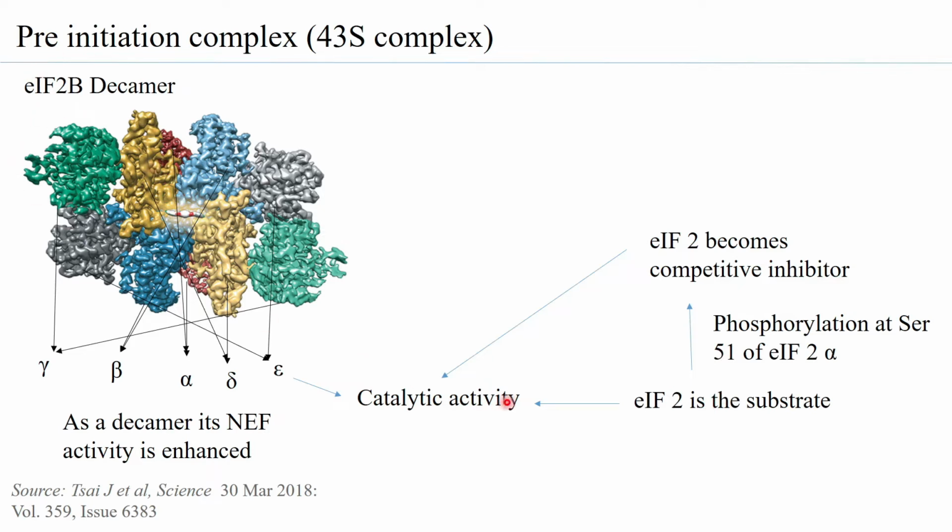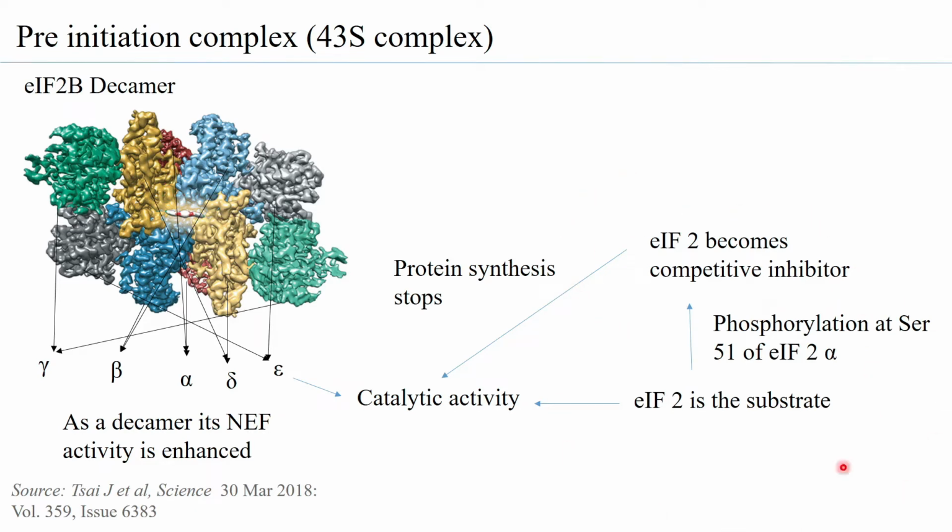So basically we have understood that if EIF2 is phosphorylated at its alpha subunit, specifically at serine 51, then EIF2, although it binds to EIF2B, does not allow its catalytic activity. So, in short, because of EIF2 alpha becoming phosphorylated, protein synthesis will stop.